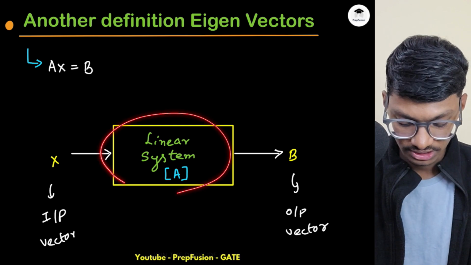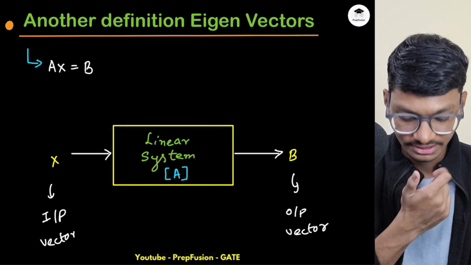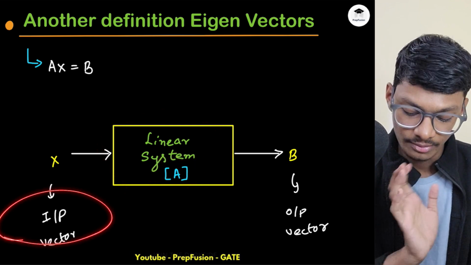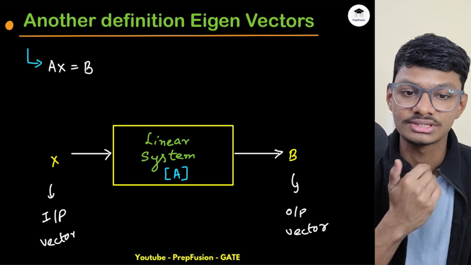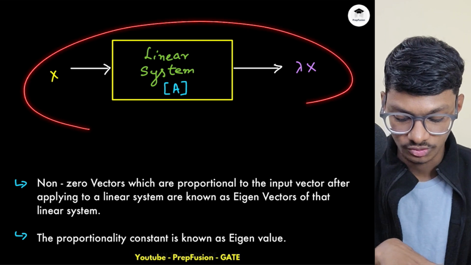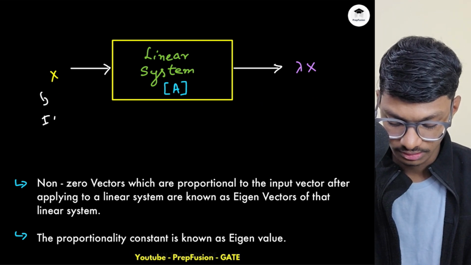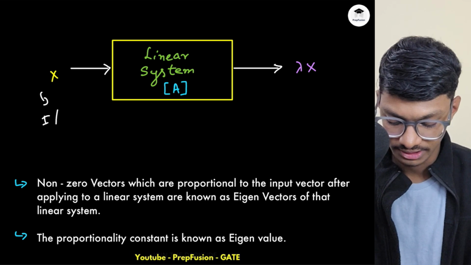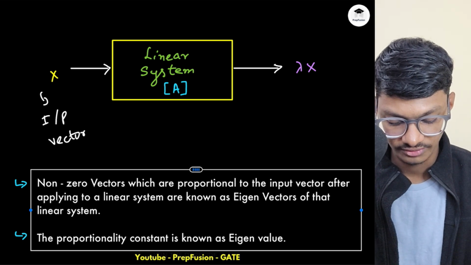So this linear system has its matrix or characteristic matrix like this A, and if I give it some input vector, the output vector that I get is the same as the input vector, just a scaled version of it. That is what the second diagram is showing. I'm giving it some input vector, or you can say some input signal, and I'm just getting a scaled version as the output signal.